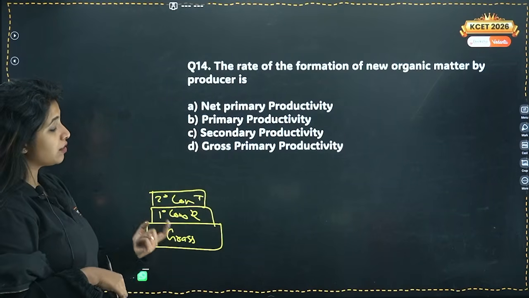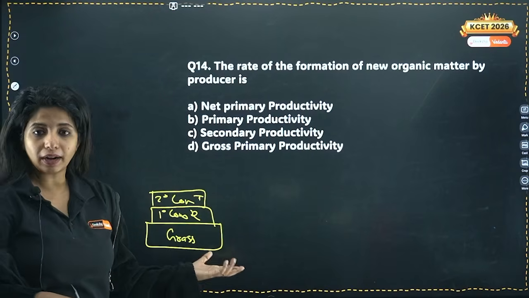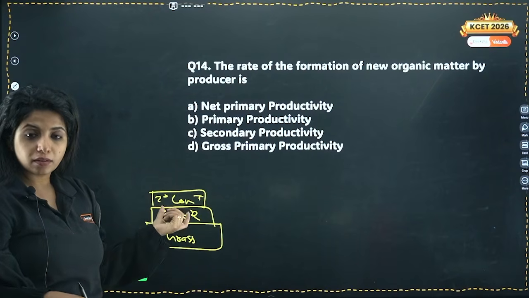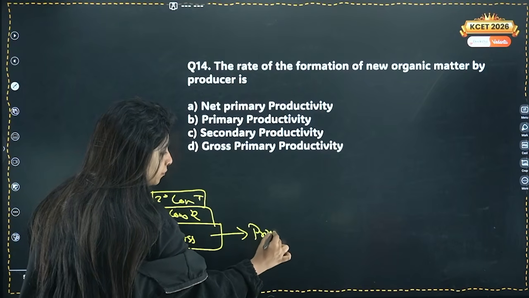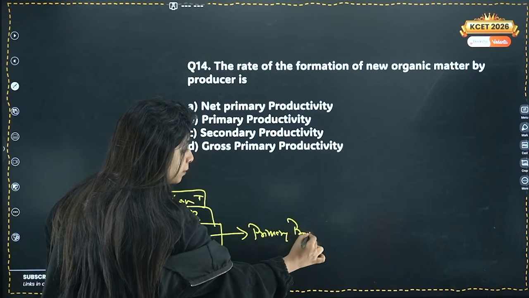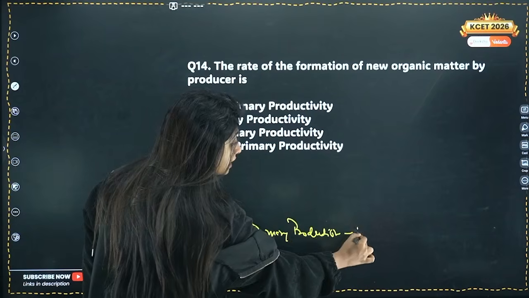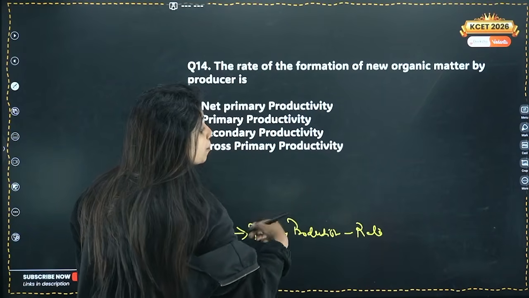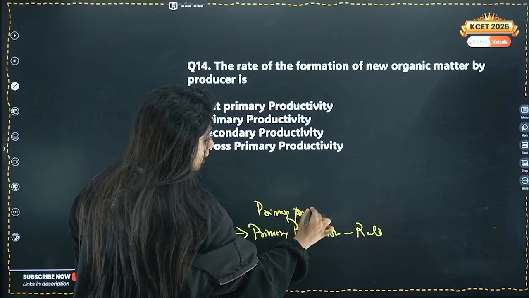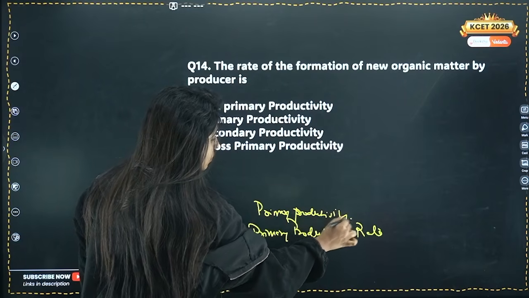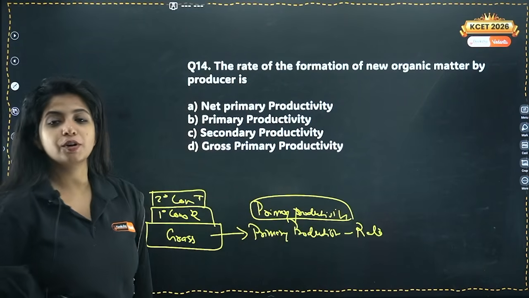Now over here I am saying rate of formation of new organic matter. First of all, since it's a primary producer, I will call this primary production. Whenever it produces something, I'll say it's primary production. And when I have to find the rate of it, I'll use the term productivity. So it will be what? Primary productivity. Your answer for this question will be primary productivity.